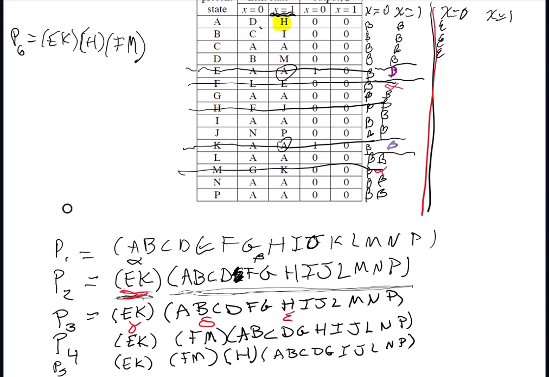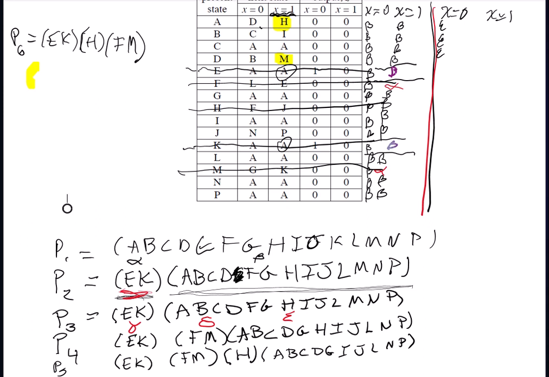And D has as its 1 successor M. All right. That's not in that group. Let's go back and look at everybody else. So everybody else is staying with its 1 successor in this group, A, B, C, D, G, and so forth. So everybody except for A and D will stay together.